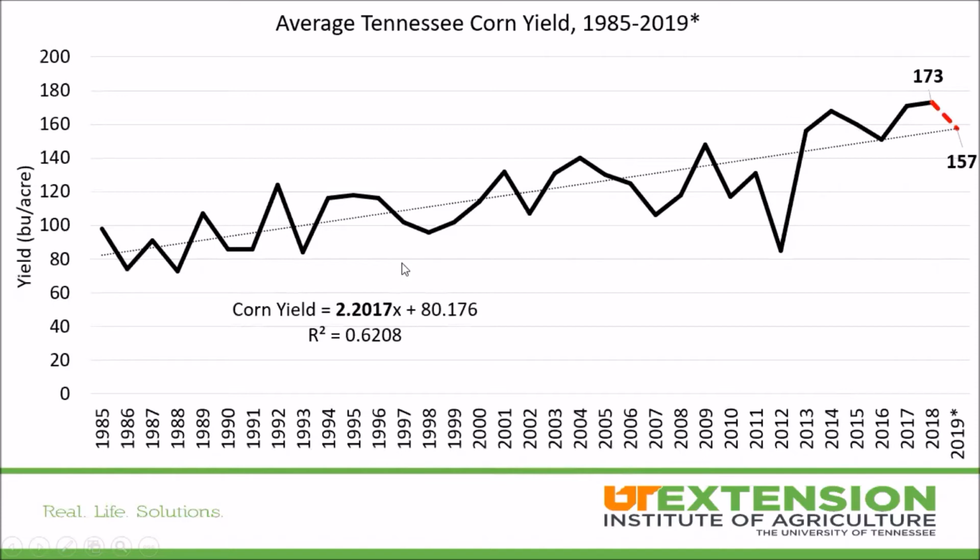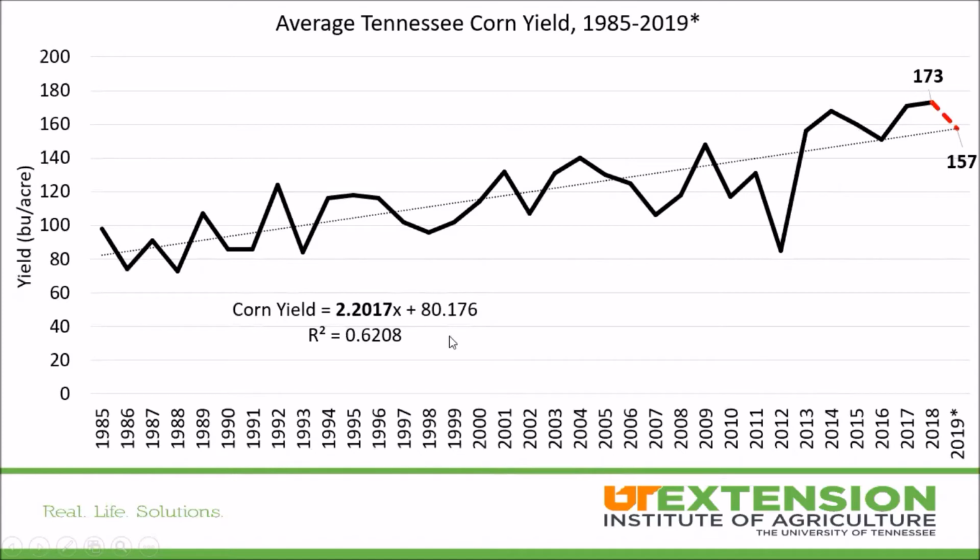Now, one thing, and this is the more important number to me, is if you look over time on a per bushel per acre basis, in order to keep pace with the average in Tennessee, your farms need to end up adding about 2.2 bushels per acre per year. Now, you're not going to do that every year because there's a tremendous amount of weather variability built in there.